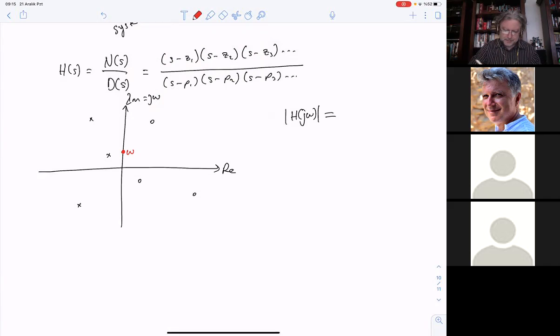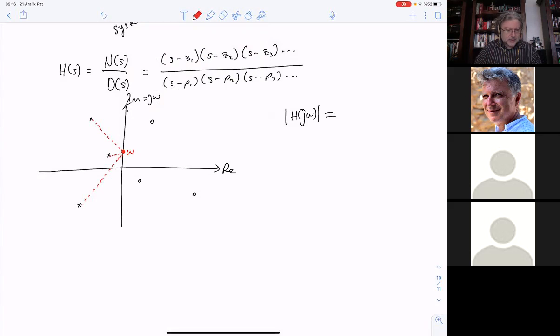For example, this distance is the distance from that particular pole. This is the distance from this particular pole, and this distance is the distance towards that particular pole.